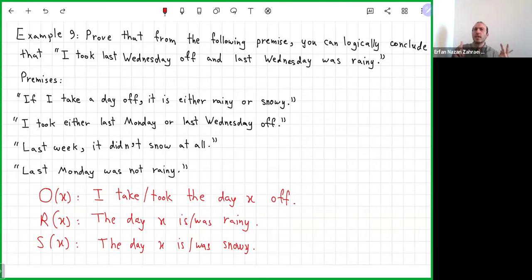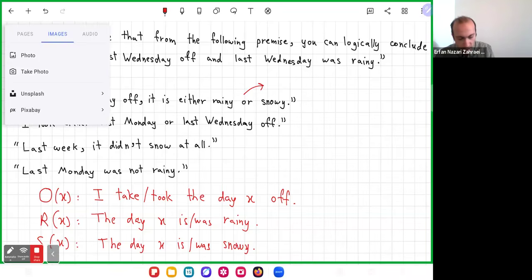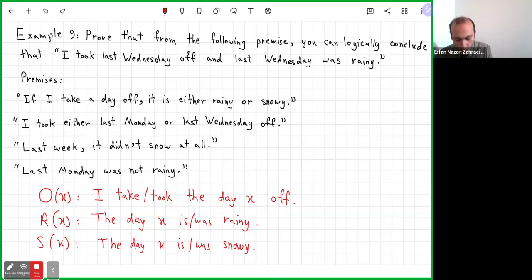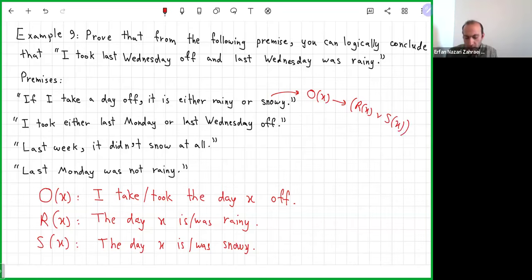And the only two days that I care about are Monday and Wednesday. So the first statement says that if I take a day off, so O_X, implies either that day is rainy or that day is snowy. I have this, but I want to use it basically twice, once for Monday, once for Wednesday.